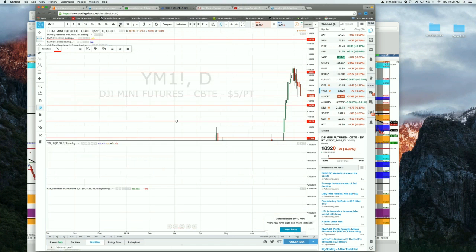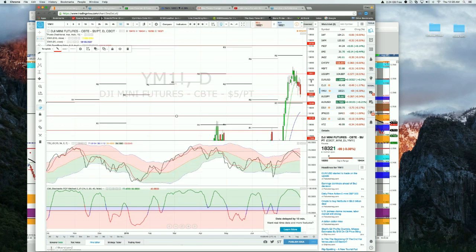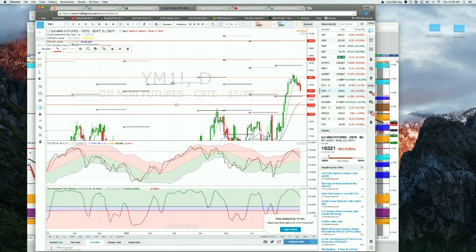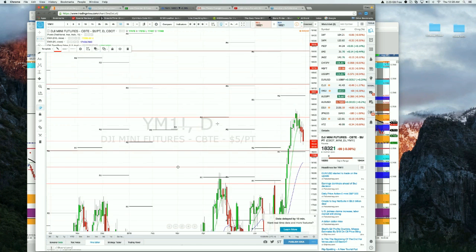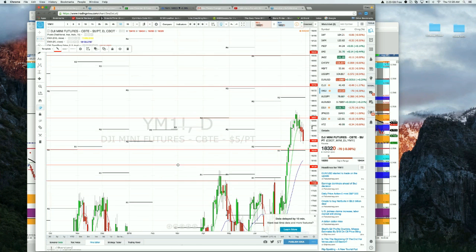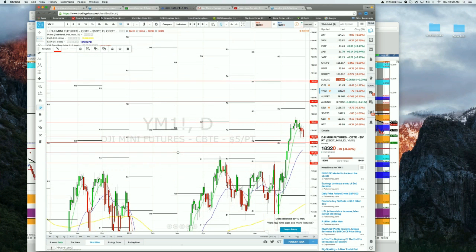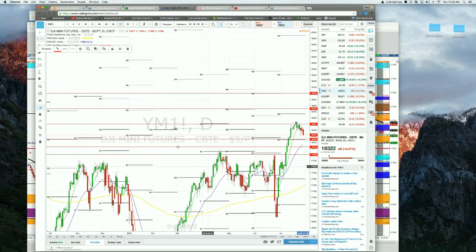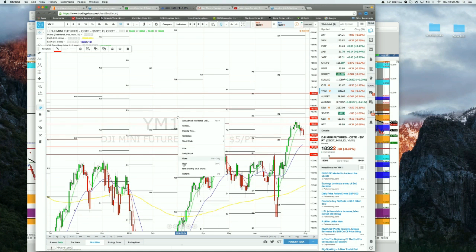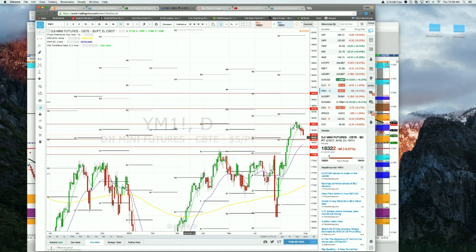Let's see what it looks like. This is mainly for foreign currency. However, it could translate to any other market as well. Does that answer your question, though? Yes, it does. Okay. Thank you.